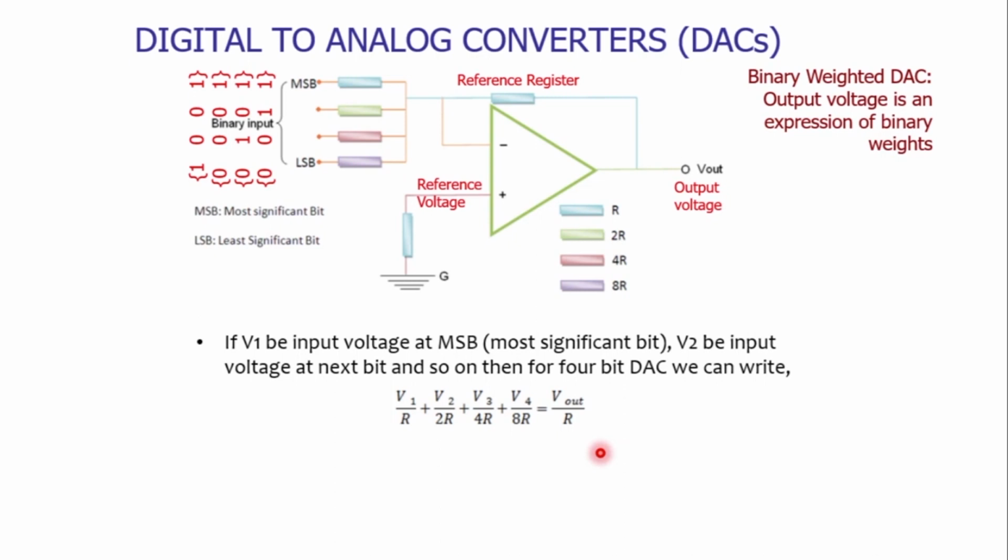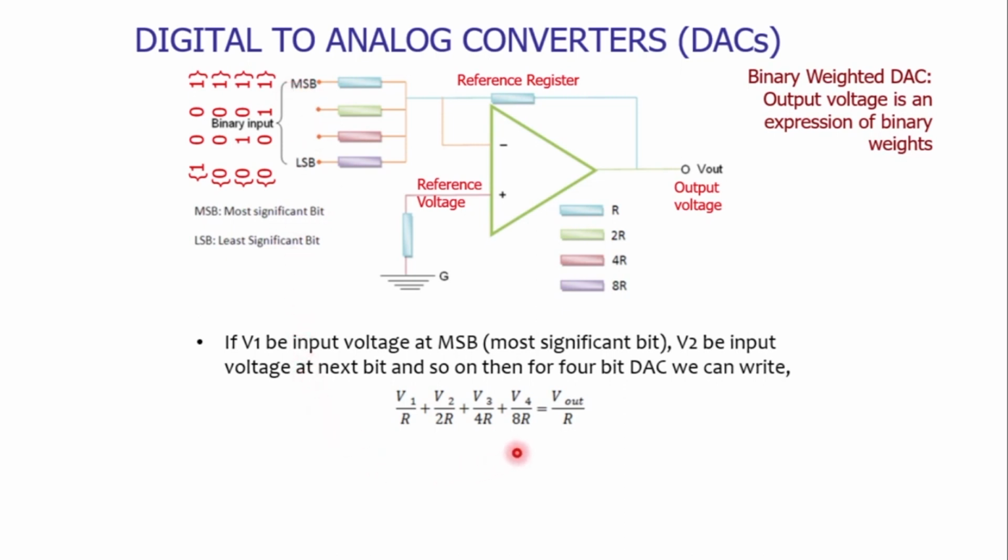Here we can notice that we are dividing V1, which is associated with the most significant bit, by the least resistance. That means we are giving more importance, more priority, to the most significant bit.